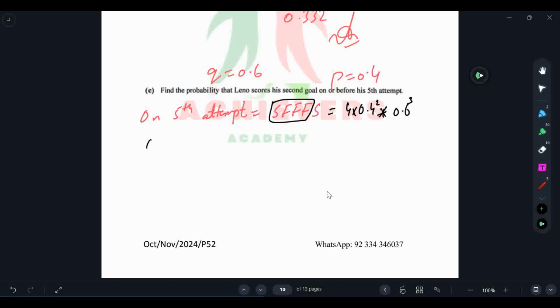Now on the fourth attempt, this will be 3 multiplied by 0.4 square multiplied by 0.6 square.